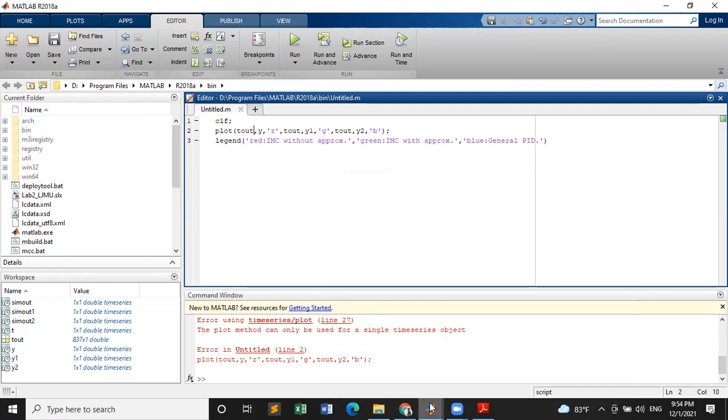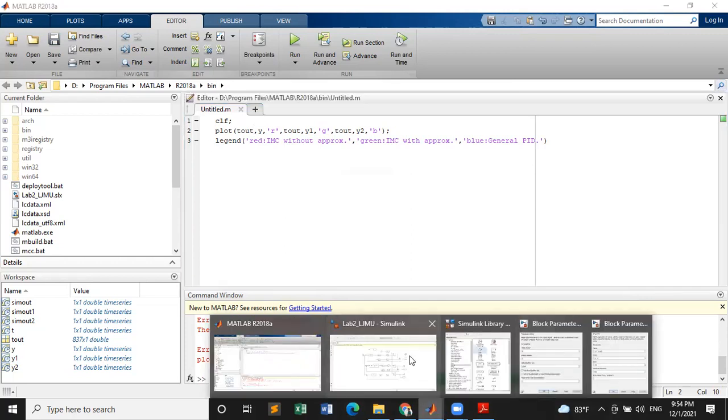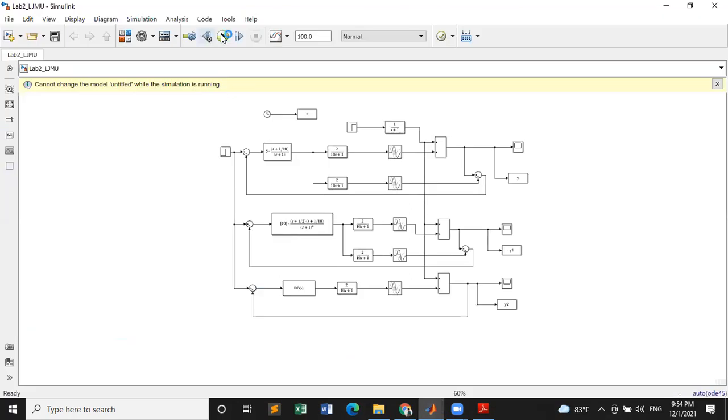I saved the, I have to run this. I think I didn't run this. I have to keep this running, right?